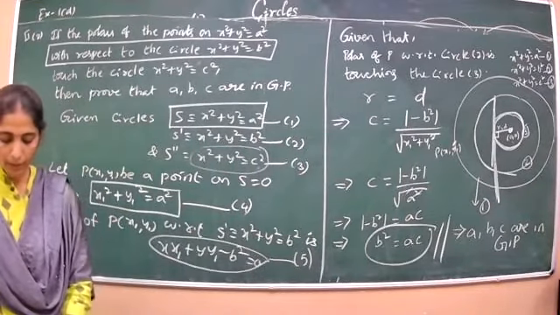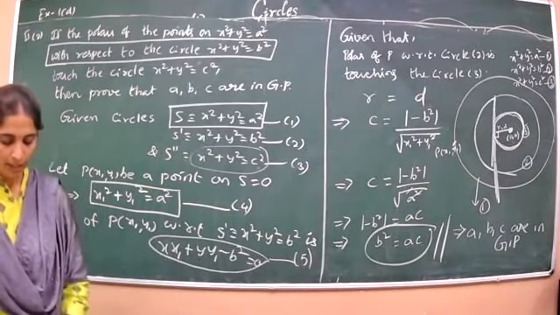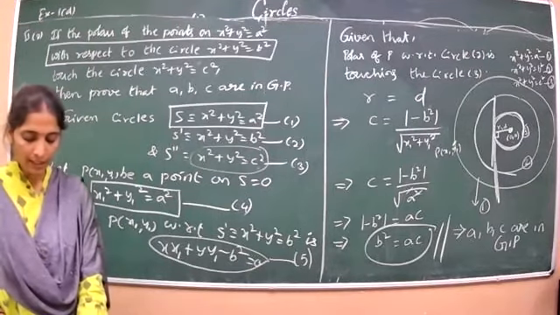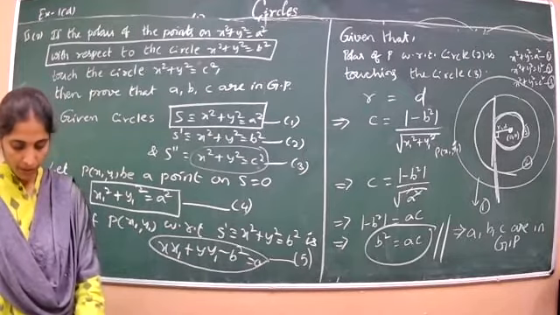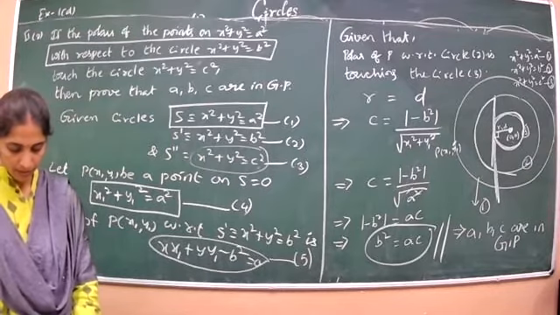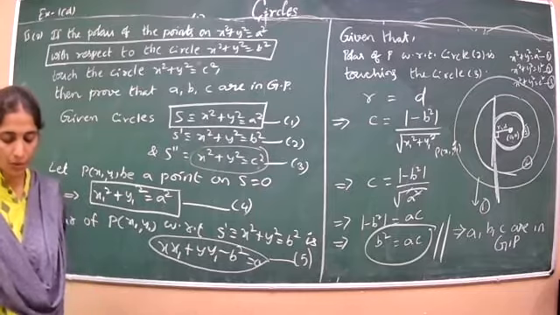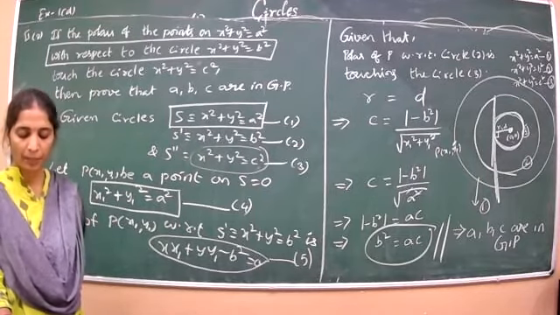With this, we have finished most of the important questions of the exercise, children. And here is one special question. The tangents are drawn to the circle. One important question. It's the next question, children. Tangents are drawn to the circle x square plus y square equal to 16 from the point P(3, 5).